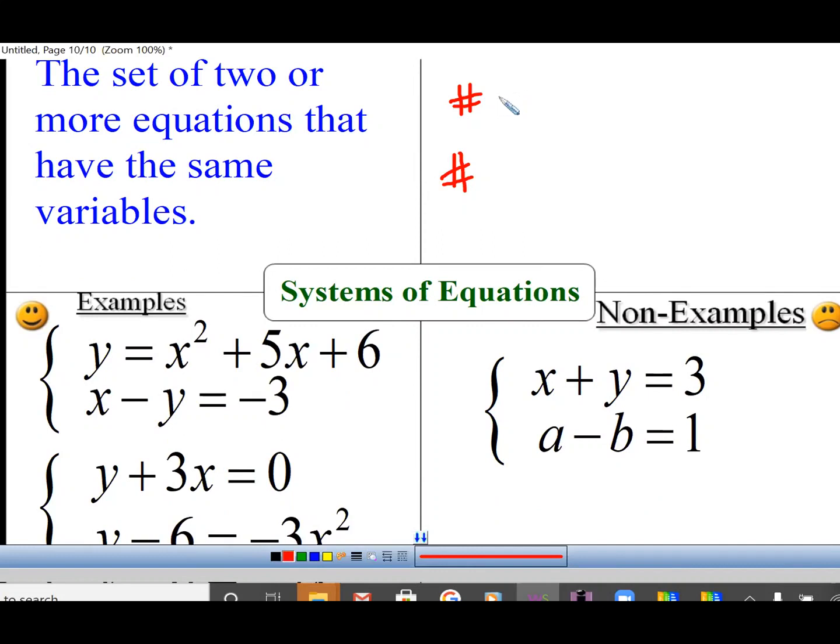Same variables. Same variables, thank you. What else is obvious that makes them a system? Hashtag what? 2 or more equations. Bam, 2 or more equations. Thank you.